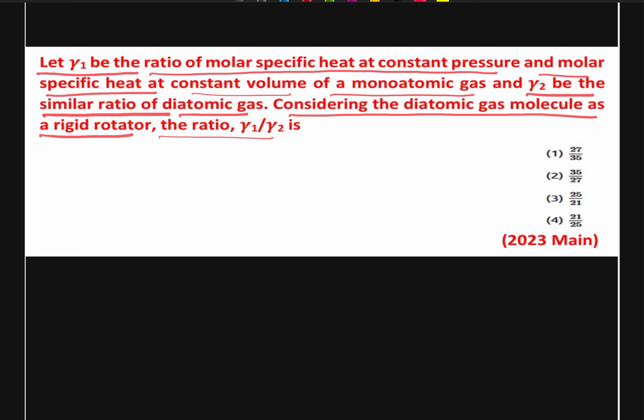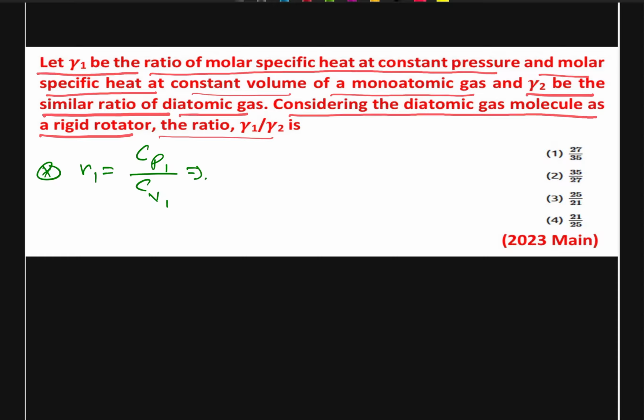We are given that gamma 1 is for our monatomic gas. So we can write gamma 1 is equal to Cp of 1 upon Cv of 1.